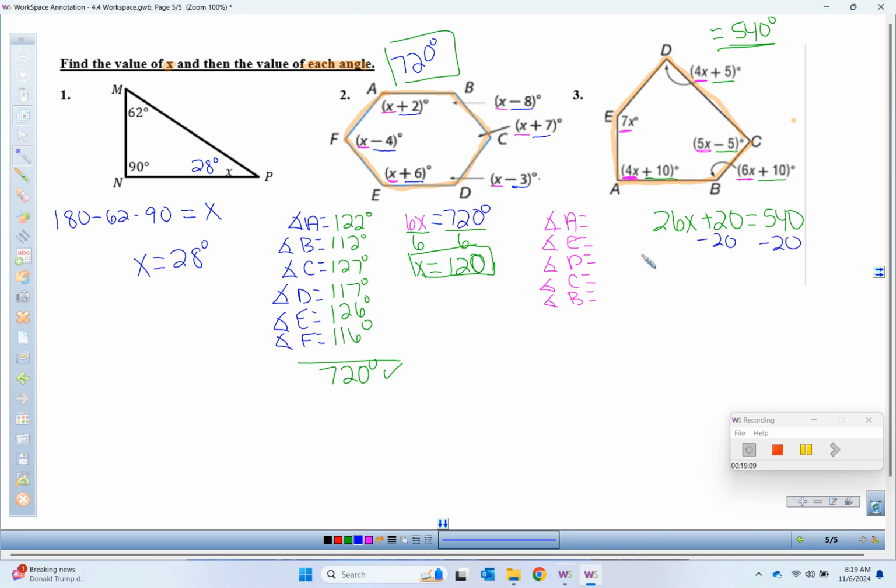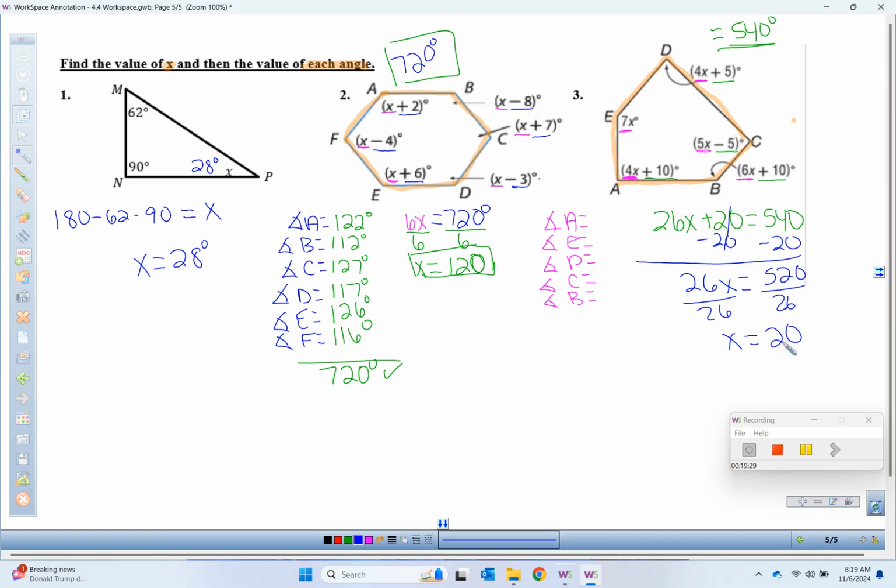All right, so I'm going to cancel these out. I have 540 minus 20, and that gives me 520. I have 26x equals 520, and solving for x, you should come up with x equals 20.